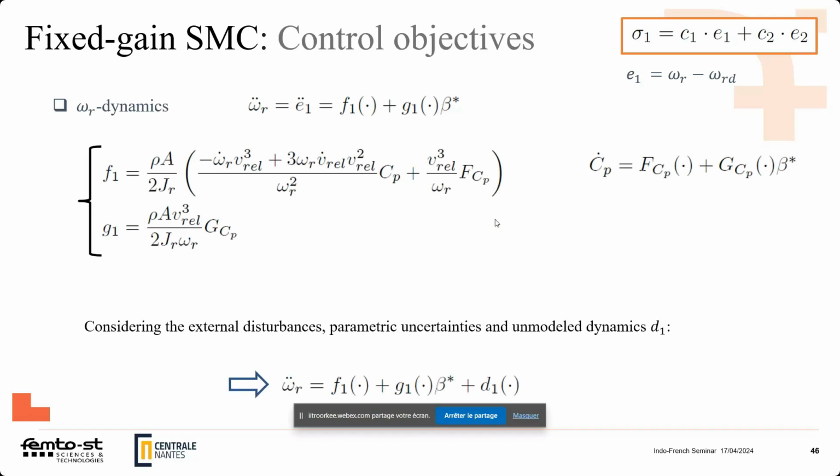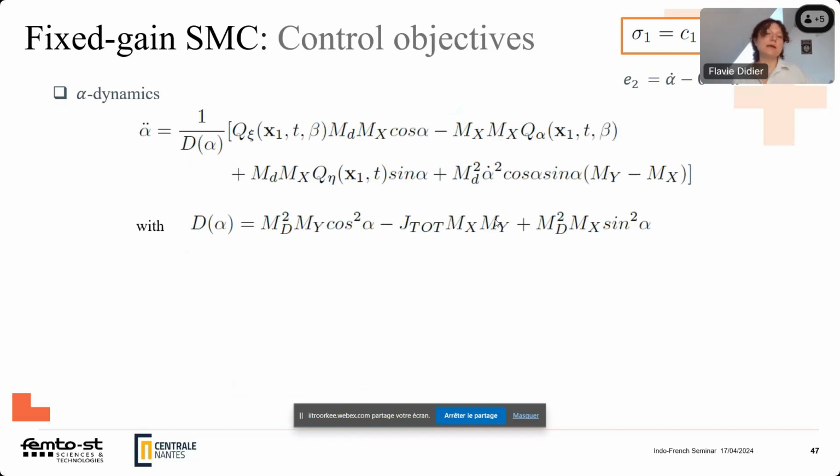Considering the external disturbances, the parametric uncertainties, and unmodeled dynamics, here is the final expression of the rotor speed dynamics second derivative. The same procedure unfolds for the platform pitch dynamics. So here is the expression.